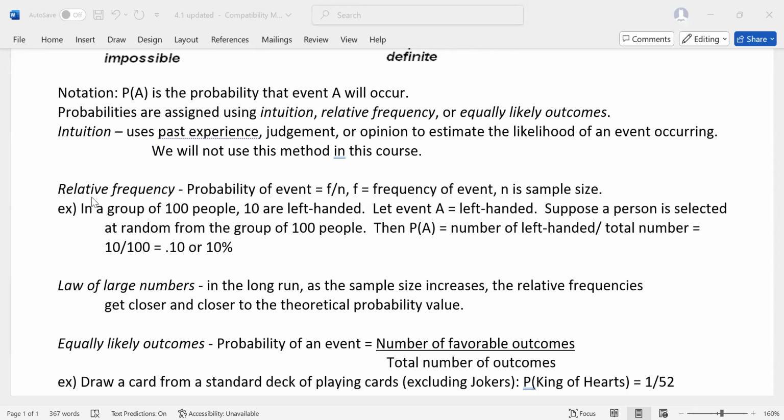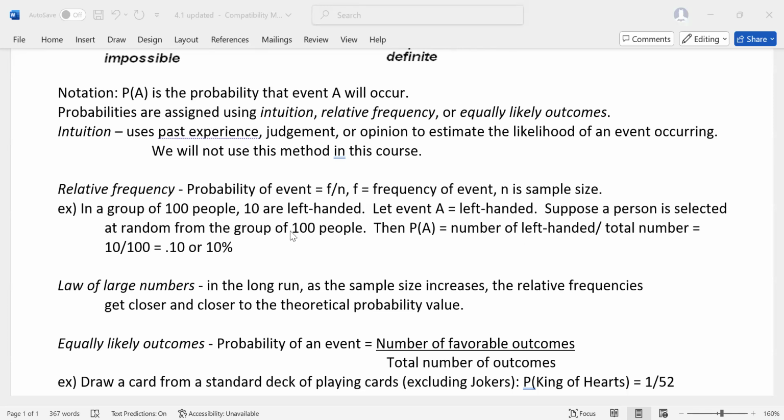Relative frequency: the probability of an event equals F divided by N, where F is the frequency of the event and N is the sample size. So for example, in a group of 100 people, 10 are left-handed. So let event A equal left-handed.